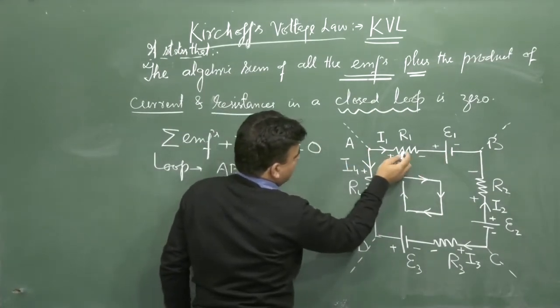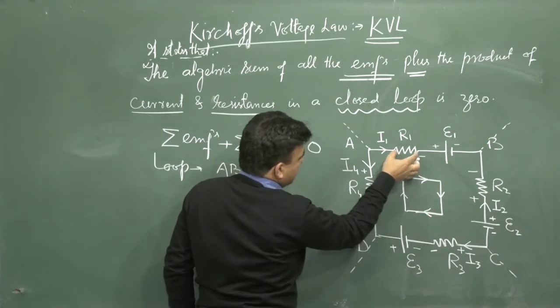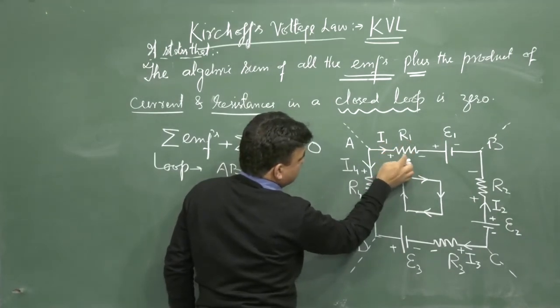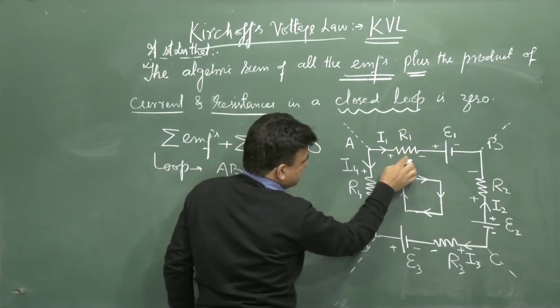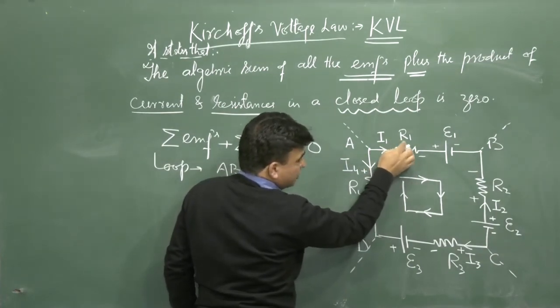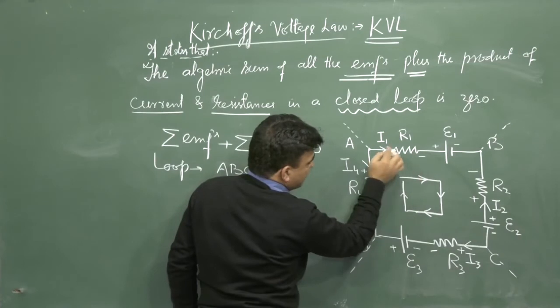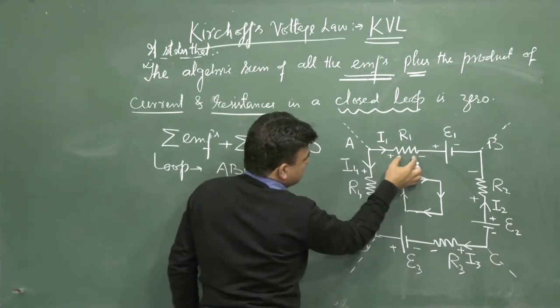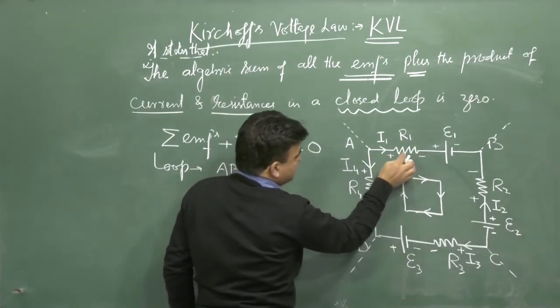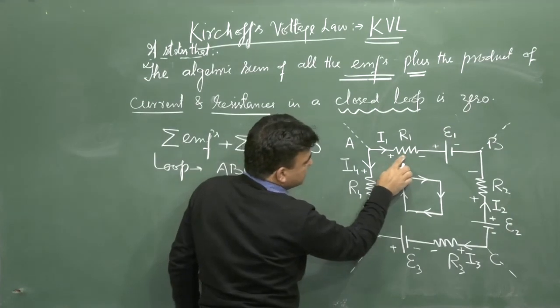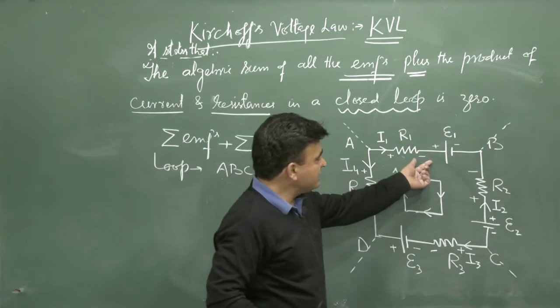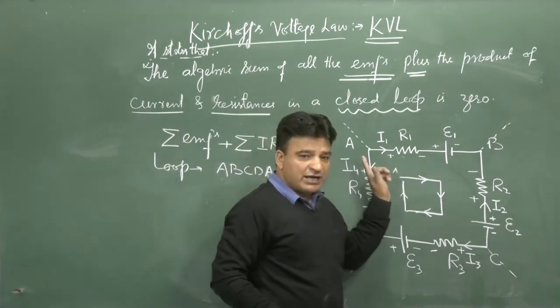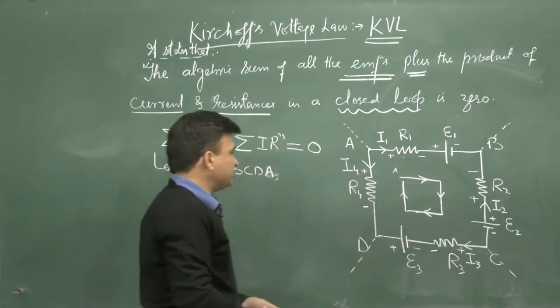While moving, we will have the resistor first of all. Here the drop is I1 R1: how much current is flowing through it and what is its resistance. The product of the two, by Ohm's law, gives the voltage drop, I1 R1. Is this voltage drop taken as positive or negative? We have to take it as negative because you are moving from high potential to low potential.